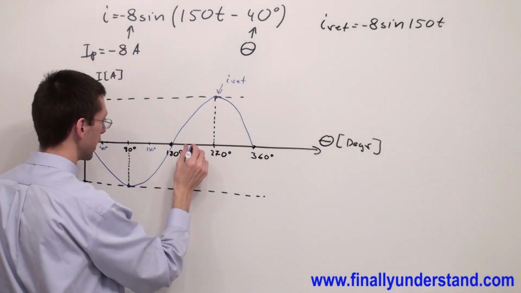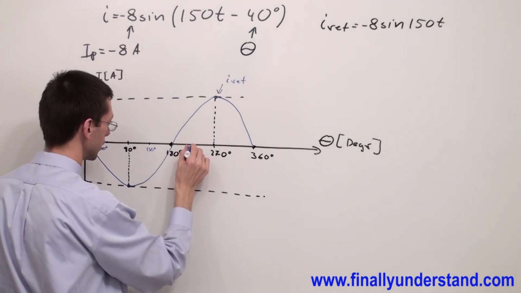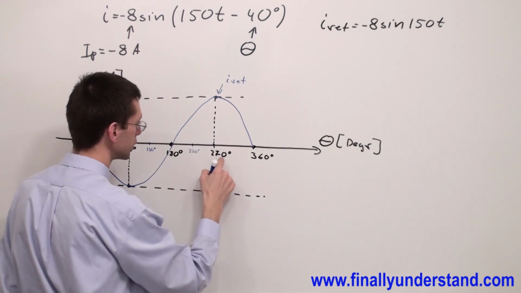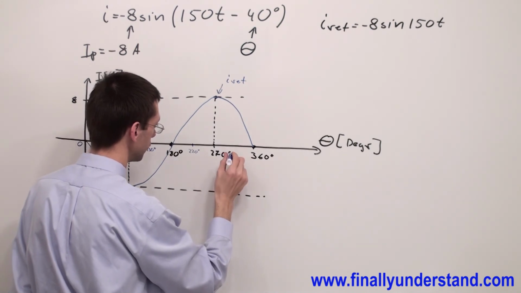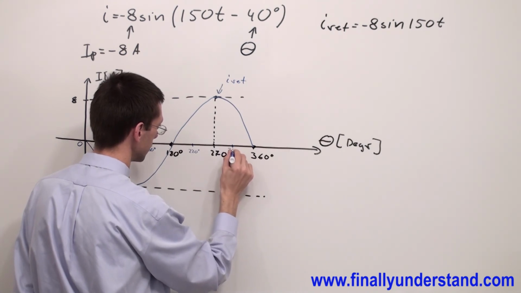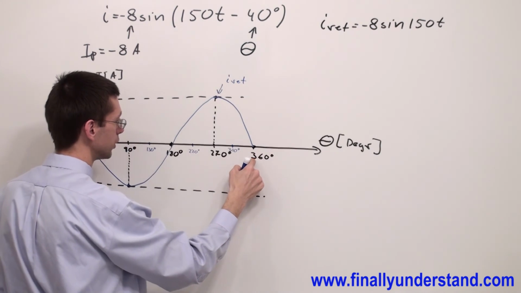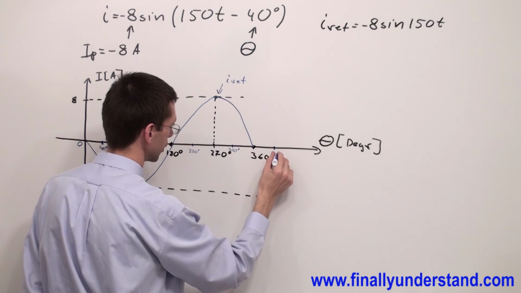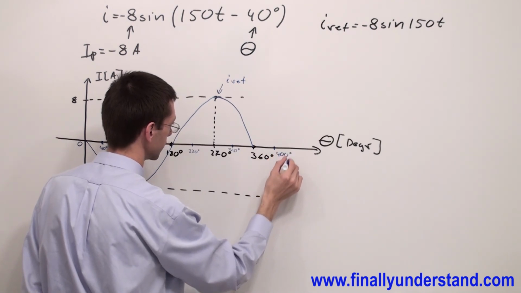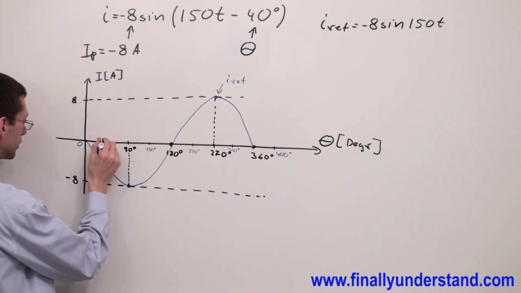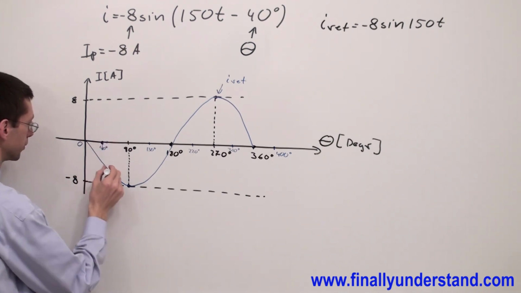180 plus 40 is going to be 220 degrees. 270 plus 40 is going to give me 310, and 360 plus 40 is going to give me 400 degrees. It means that I'm going to start drawing my waveform from this point.